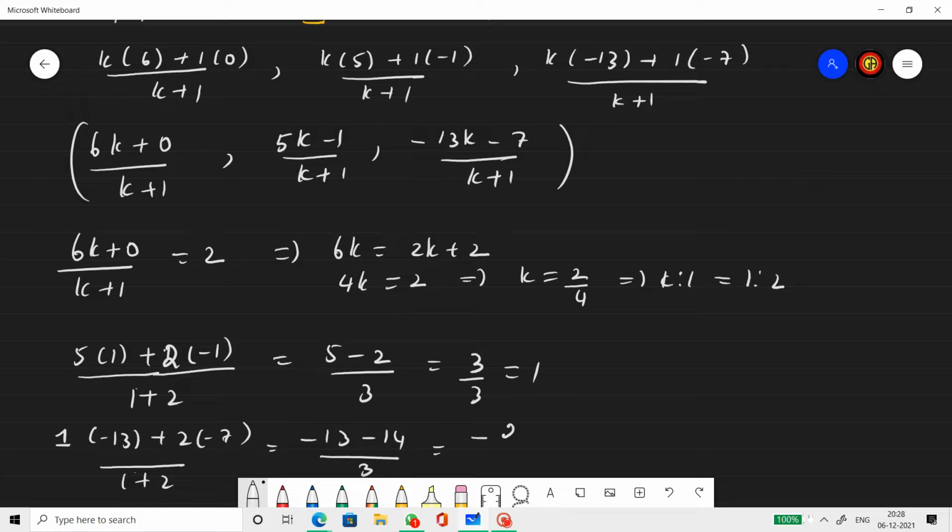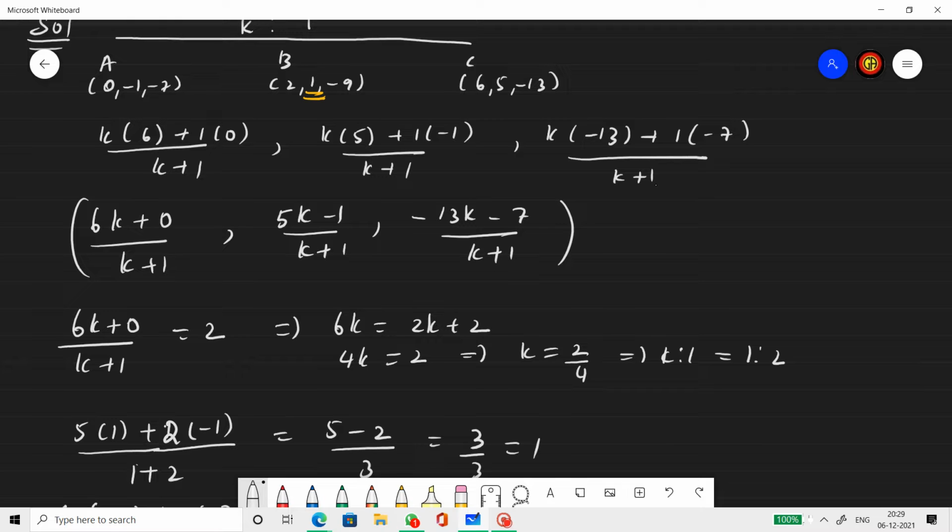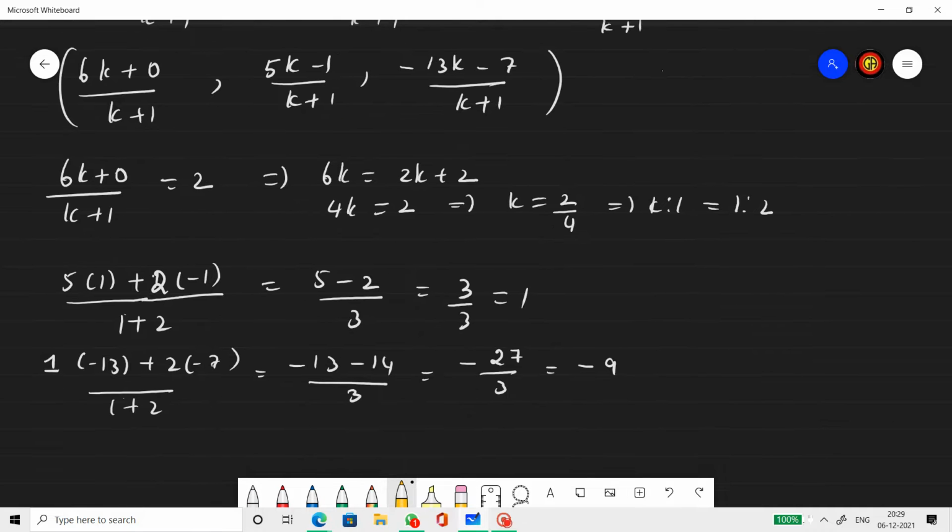So we get -27 by 3, which is -9. So now here we get the z coordinate. Therefore, A, B, C are collinear points.